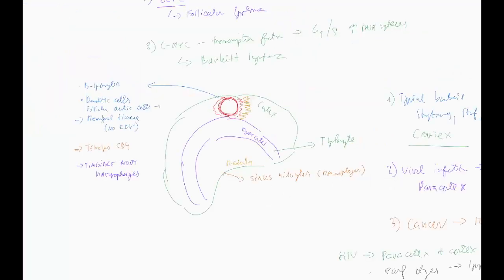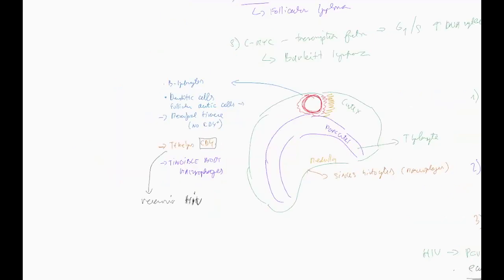But how is it with HIV? What does HIV typically do? CD4 cells are a reservoir for HIV, so intracellularly the HIV stays. It's not the main reservoir, but it's a very important one. Another reservoir is the follicular dendritic cells.